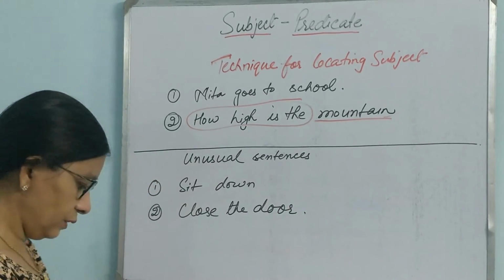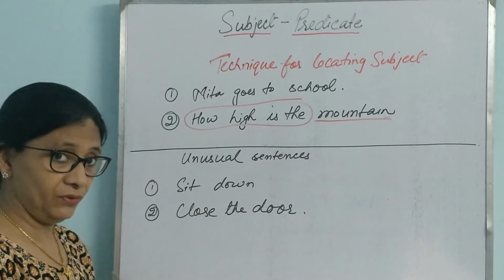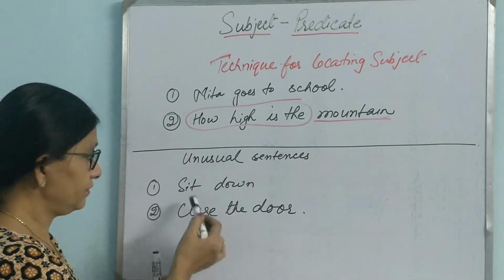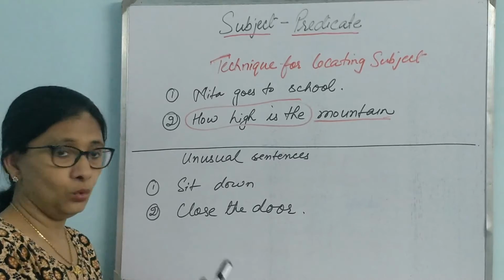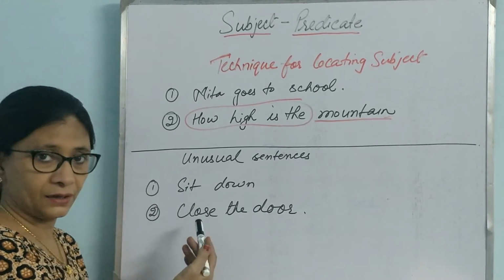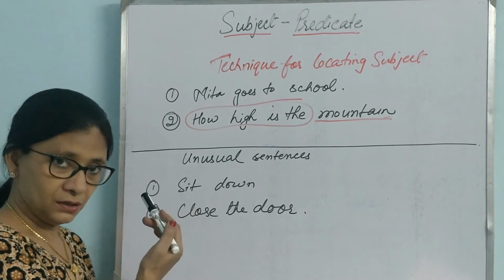Here, if we find the verb is sit, okay, sit down, but we don't see any who sit down, because there is no noun or pronoun. So we get confused about what the subject will be here.